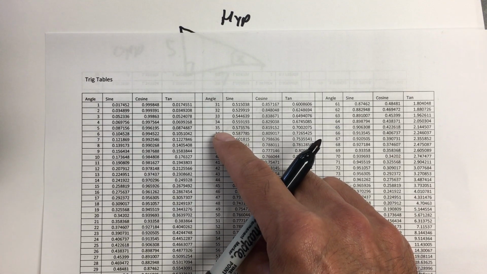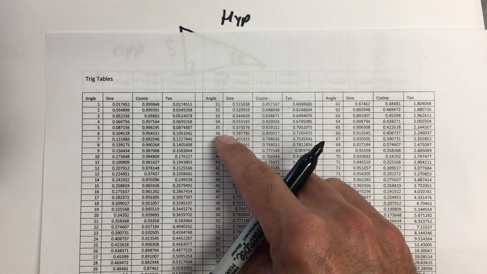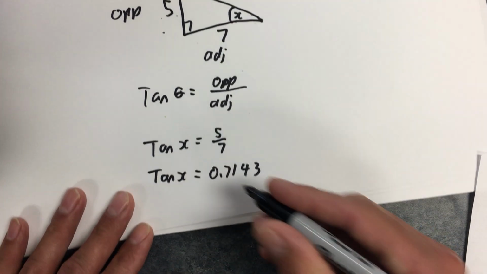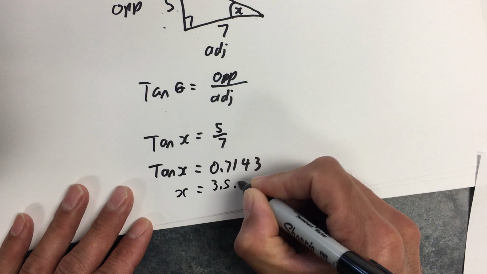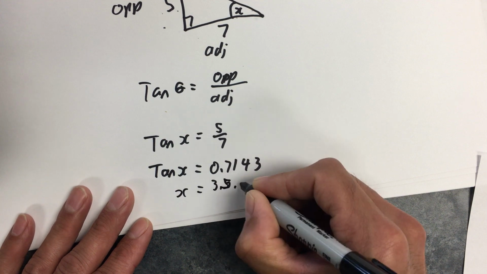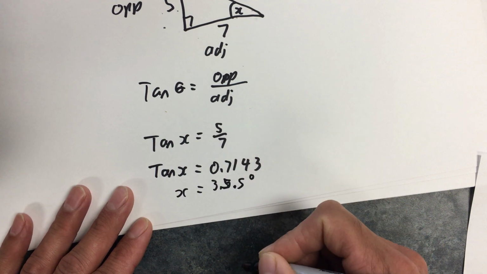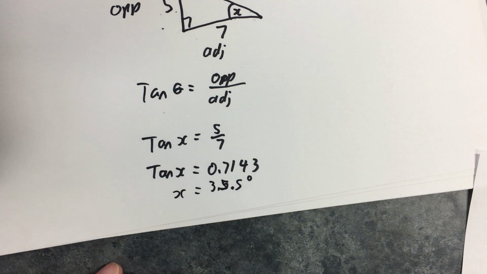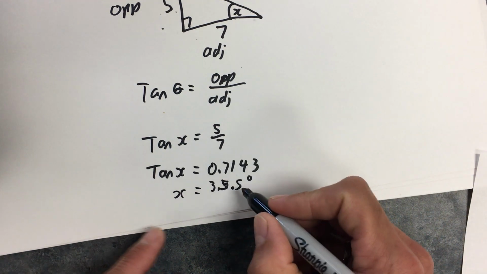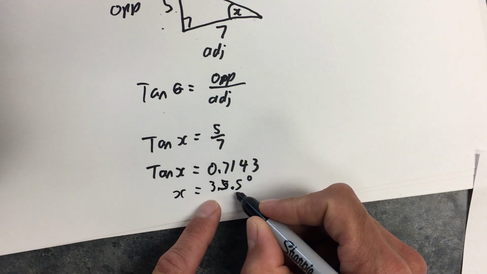So the angle I'm looking for is between 35 and 36. I'm going to call it 35.5. So X is equal to 35.5 degrees.